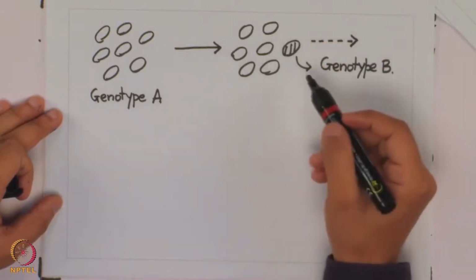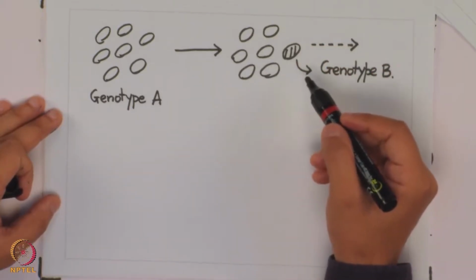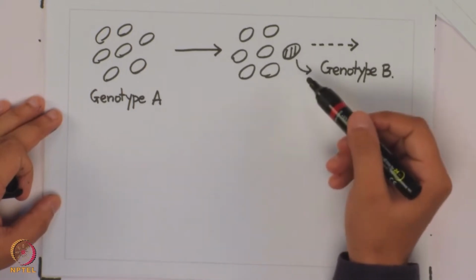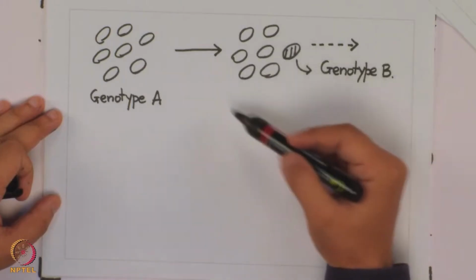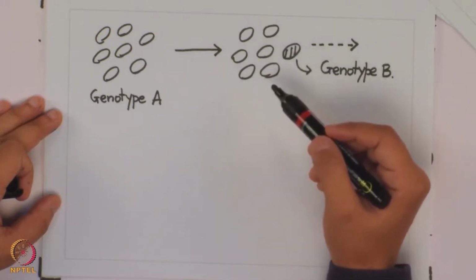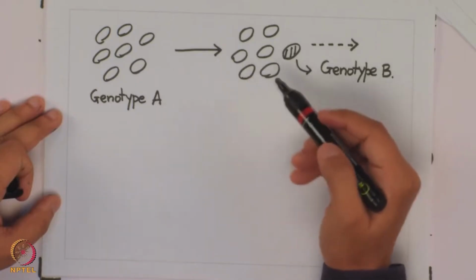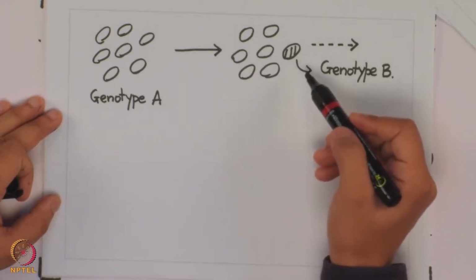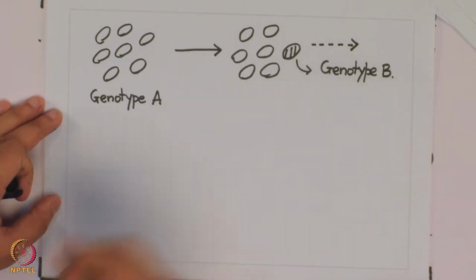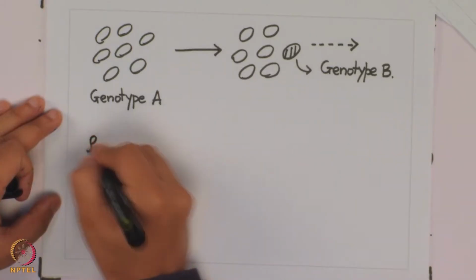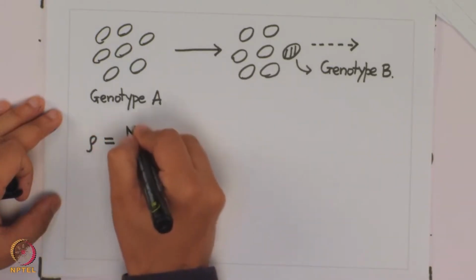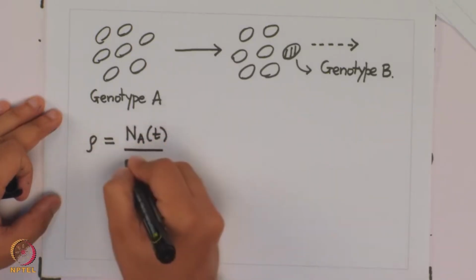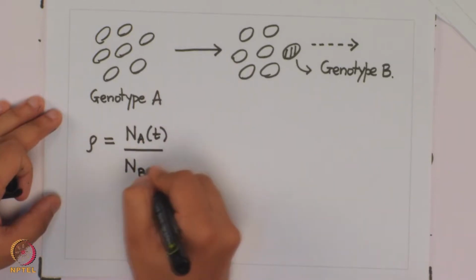But at the time when the mutant first arises, the number of mutant cells in the system is only going to be 1, because that mutation was a singular event, whereas the rest of the population can be considered as the parent genotype, which is genotype A. So, genotype A at this moment far outnumbers the individuals associated with genotype B. But what we are interested in is what happens as we go forward in time to the ratio of individuals of type A to individuals of type B.